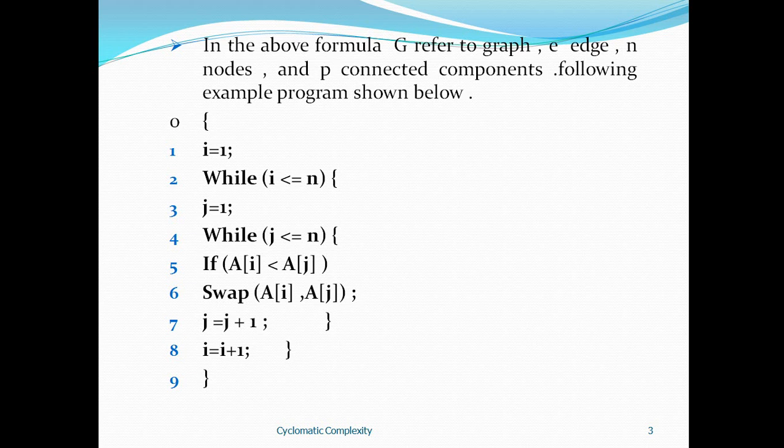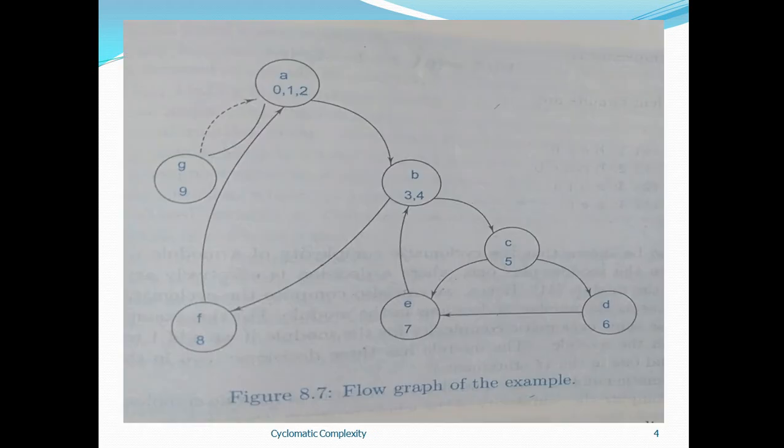So the second node name we may suggest as B, which starts from line number 3 and ends with line number 4. What is the name of this node? B. So look at the graph. B equal to 3, 4. Right?